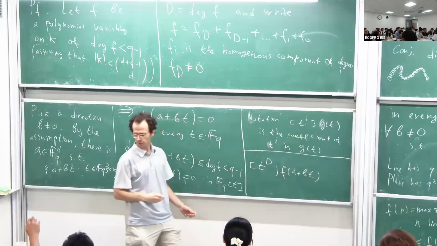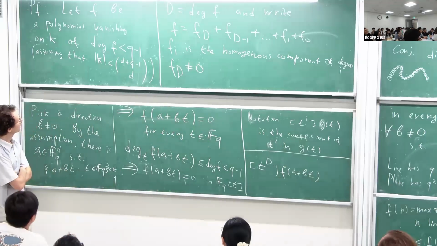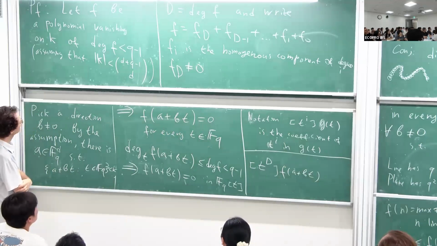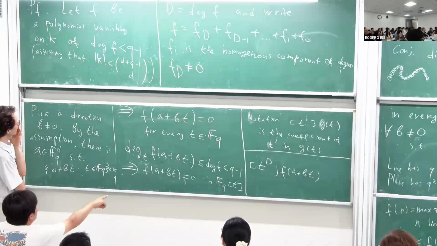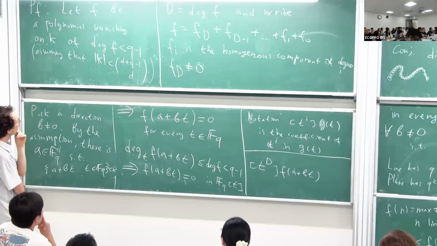Boris, I have a question. So do you need degree f to be strictly less than q minus 1 or at most q minus 1? At least from I don't say less, but I mean, currently I only use less than or equal. Let me think.